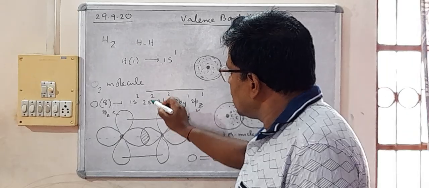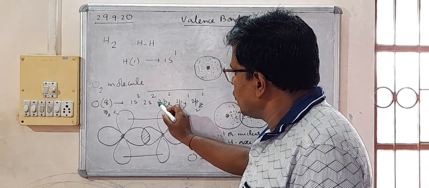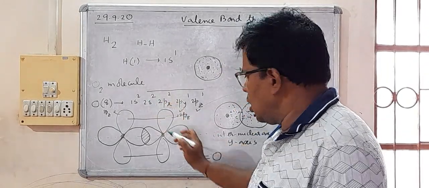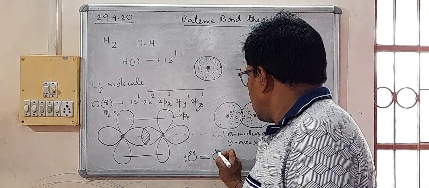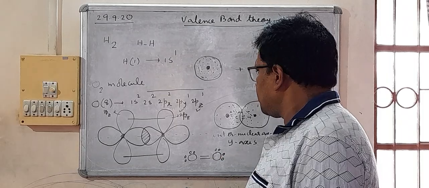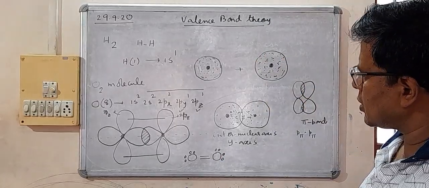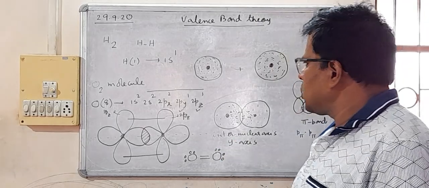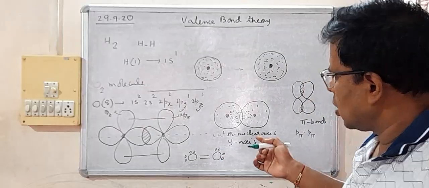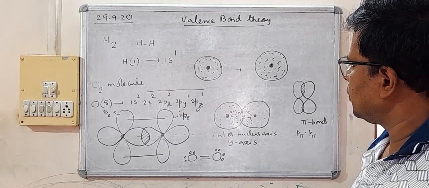And these two electrons, which are also in the outermost shell, will be present as lone pair. So this is how O2 molecule is formed according to valence bond theory.